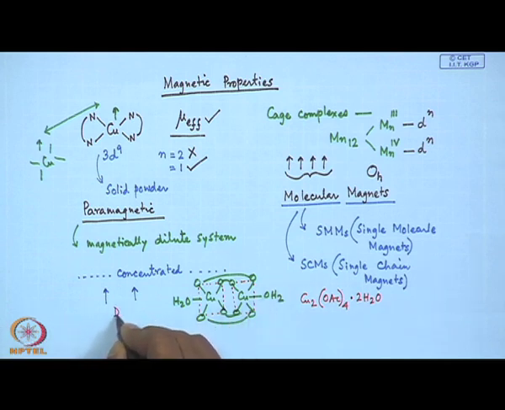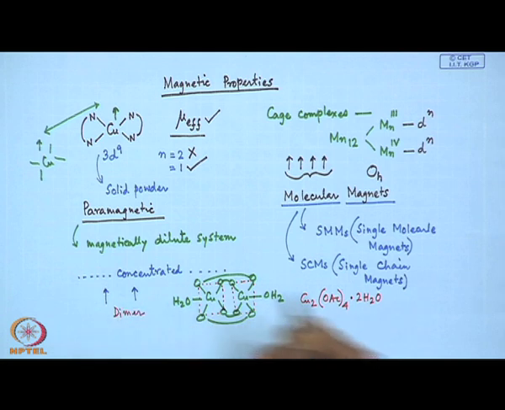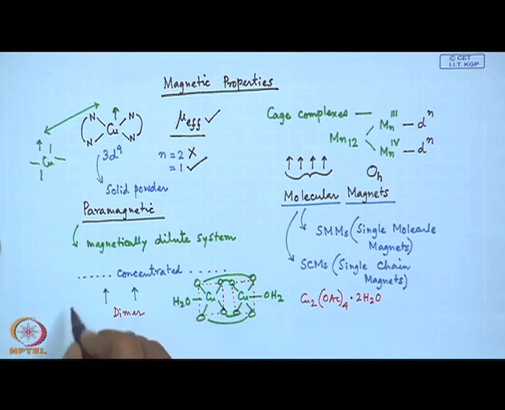So, we get a dimer, and in that dimer these two unpaired spins can definitely interact with each other, and that interaction can also be measured experimentally by determining the corresponding magnetic moment of the system.